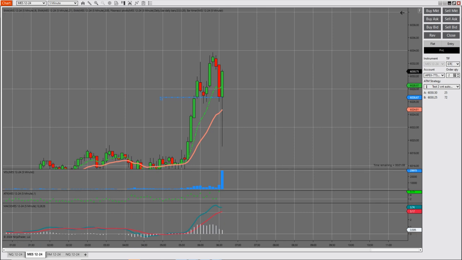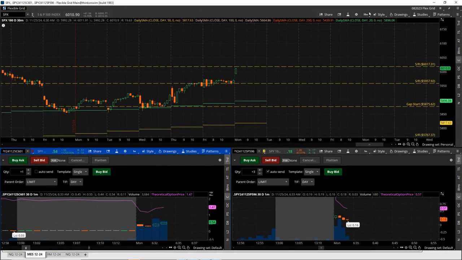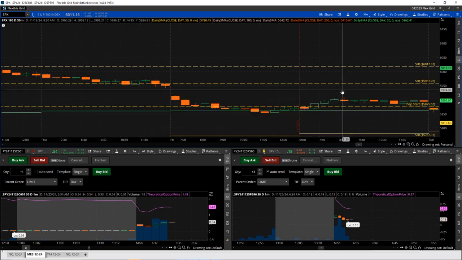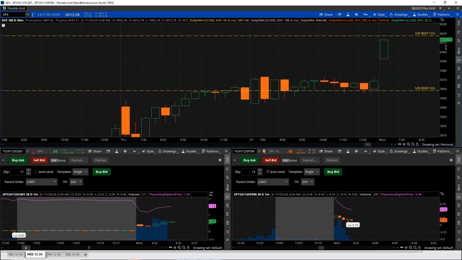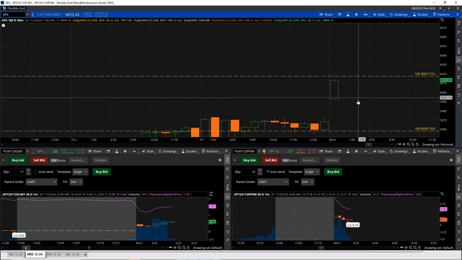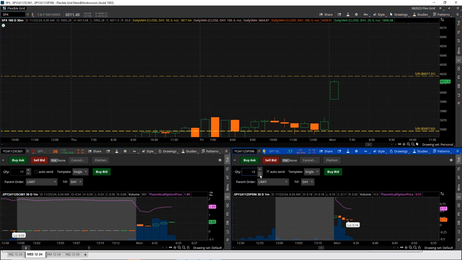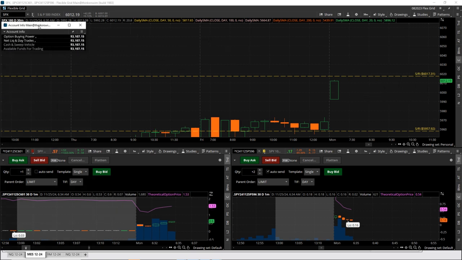Well, it looks like the gap up is kind of holding, so let's see what happens here. Actually, let me go ahead and bring in my count. There it is. Come on.